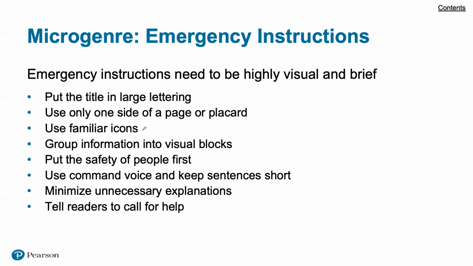You want to use familiar icons, and there are different types of international icons that they might be more familiar with, so you might have to keep that in mind. Put group information into visual blocks, with the safety of people first. That's going to be important. Make sure you use a command voice and keep sentences short. You want to minimize unnecessary explanation and tell readers to call for help if they run into issues.